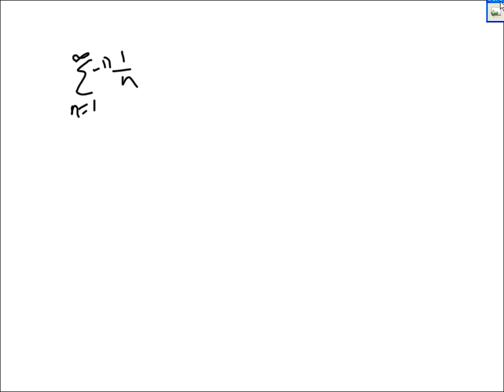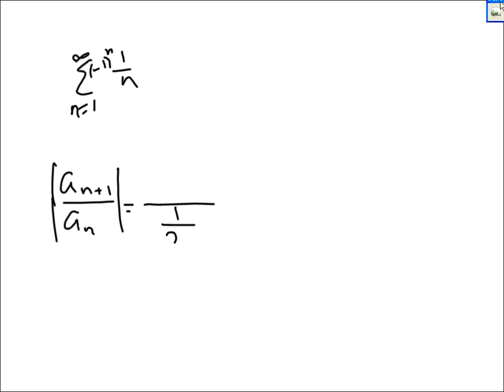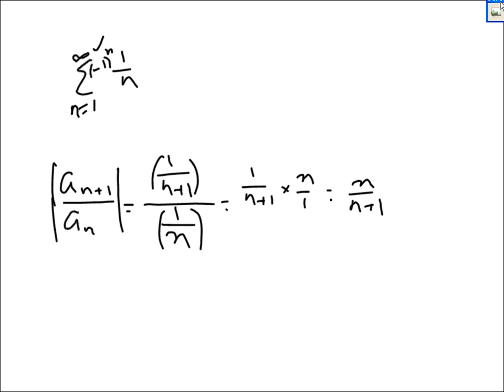You can even have the alternating part, because the absolute value is still going to be 1 over n. The absolute value of a sub n, whether you have the negative 1 to the n or not, is 1 over n. And in the numerator, it's 1 over n plus 1. So what you get is 1 over n plus 1 times n over 1, which is n over n plus 1.